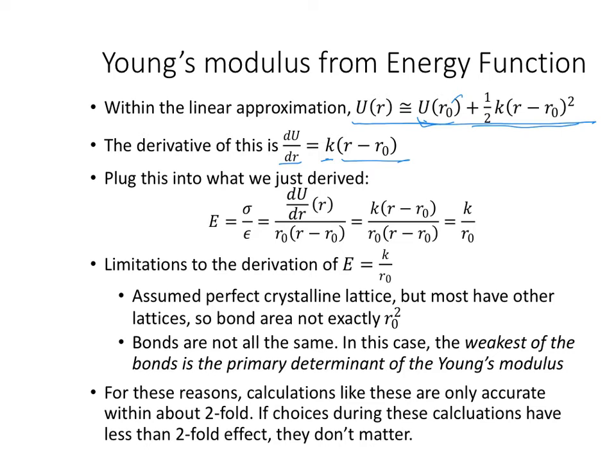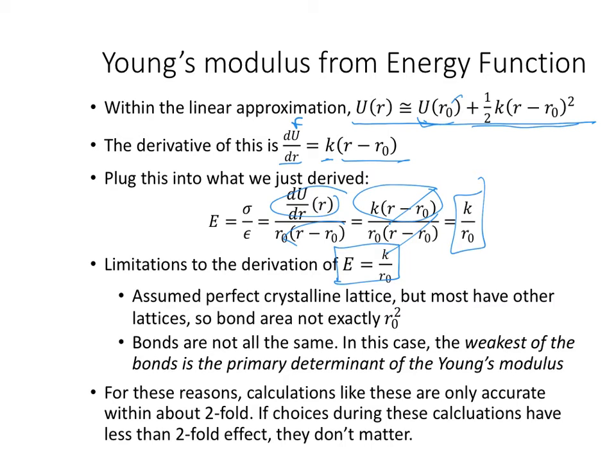And that makes sense. This is a spring constant, and remember that dU/dr, that's the force, is the spring constant times the displacement of the bond, which is intuitive. So if we plug this into what we just derived, we replace this with that force times the displacement. But since we have this expression for the displacement on the top and bottom, they can cancel, and we're just left with the Young's modulus is the spring constant divided by the equilibrium bond length.